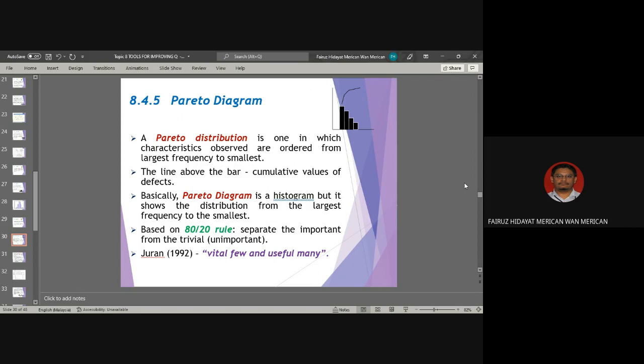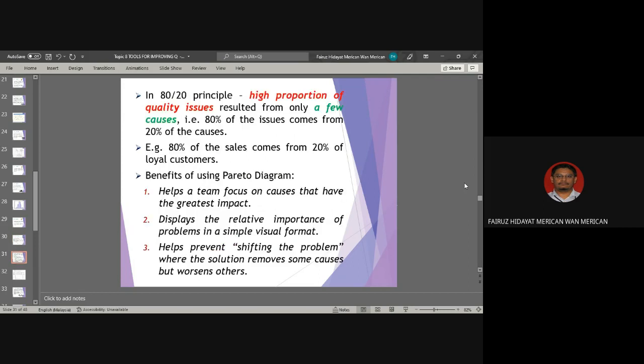So basically, the Pareto diagram, okay, is again showing the distribution from the largest to smallest, and the distribution is based on the 80-20 rule. Okay, the 80-20 rule. So it's described in the next slide. So what is meant by the 80-20 rule or principle is it means that 80% of any quality issues or problems are resulted from only 20% of major causes or major factors.